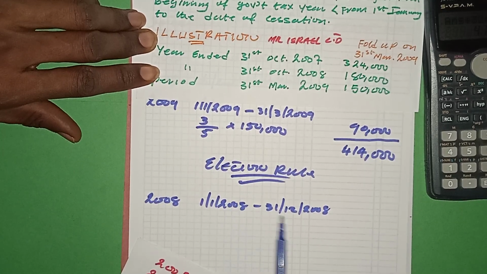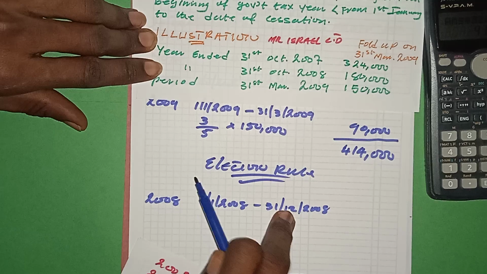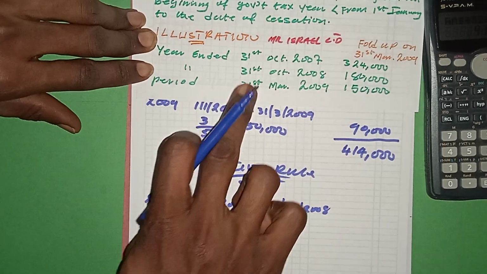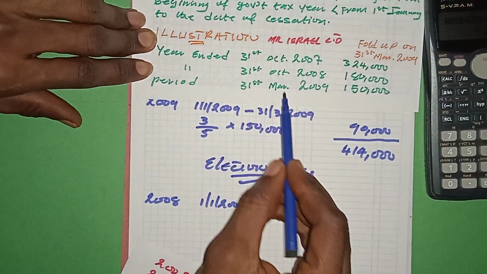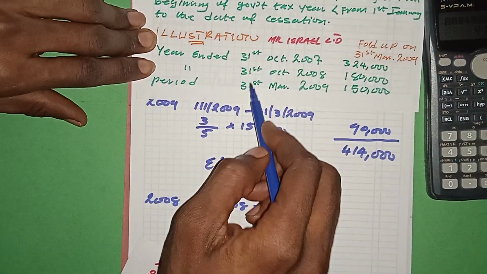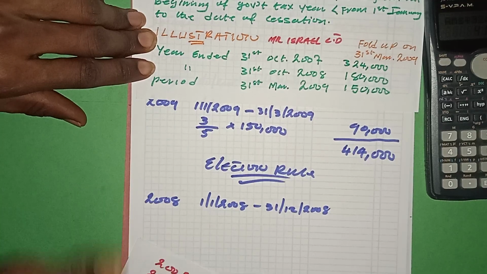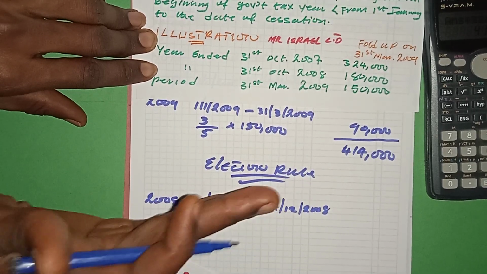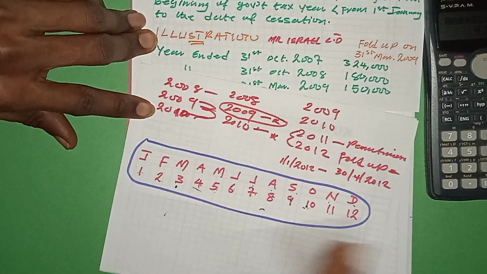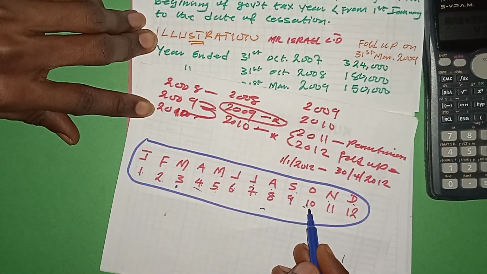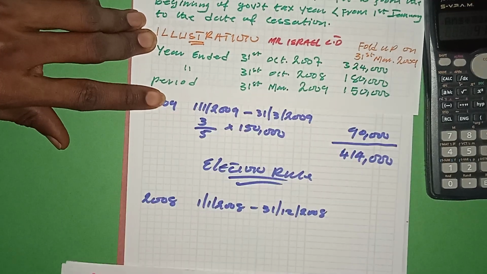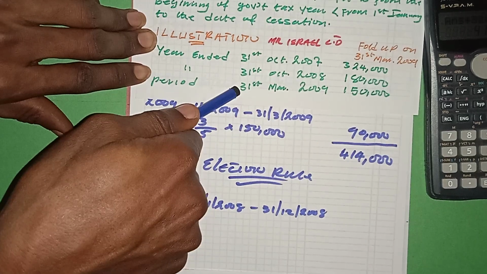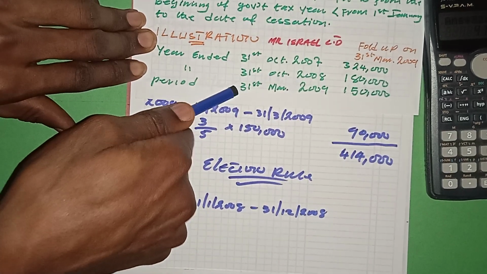Now, we have 1st of January to 31st December 28. But if you check 28 here, you will find out that what we can remove from 28 here is just January to October, which is the remaining months now. November, December is included here.